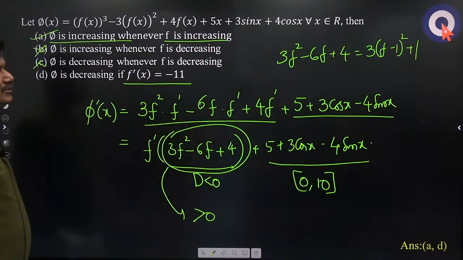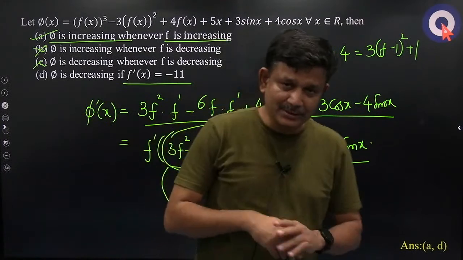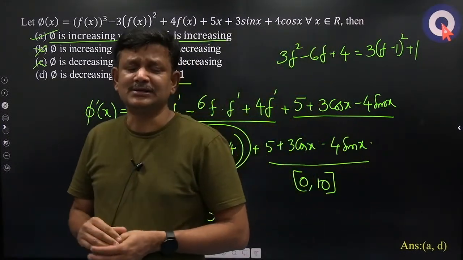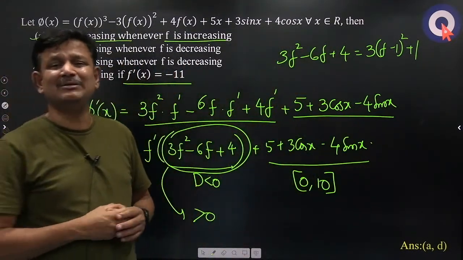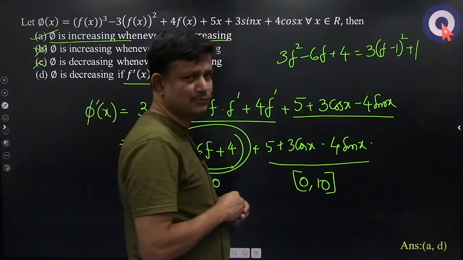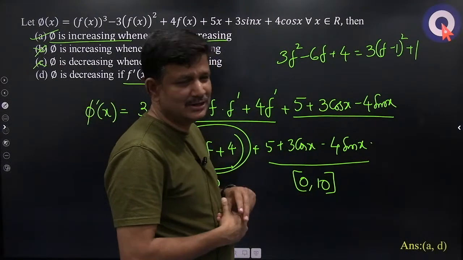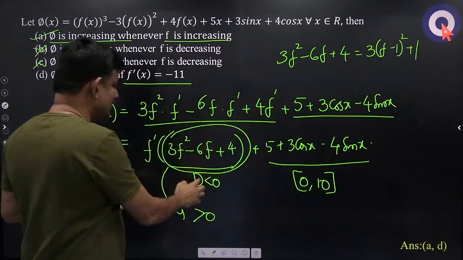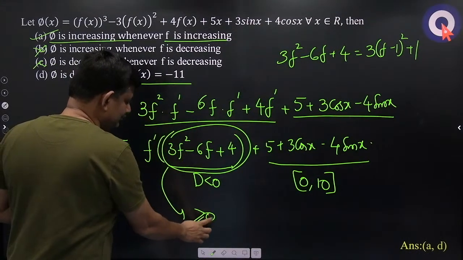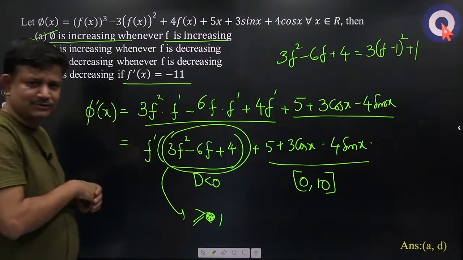The least value of a quadratic is given by minus d by 4a. You calculate minus of minus 12 by 12, it will be 1. Least value will be 1. So this quantity will always be greater than or equal to 1. Exact. For the first question, we just wanted to check whether it is positive or not.